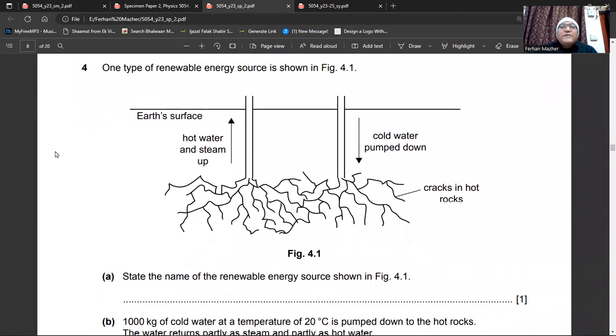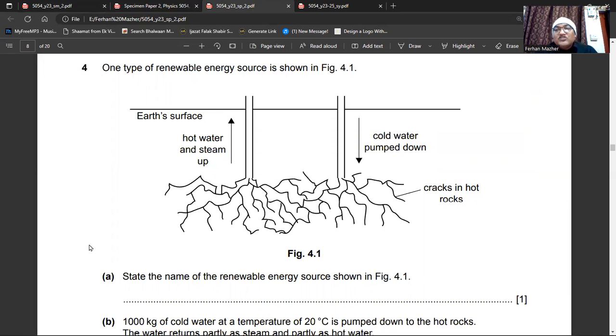It says one type of renewable energy source is shown in figure 4.1. They are pumping cold water down into hot rocks, and then hot water and steam come out from the other pipe. State the name of the renewable energy source shown in figure 4.1.